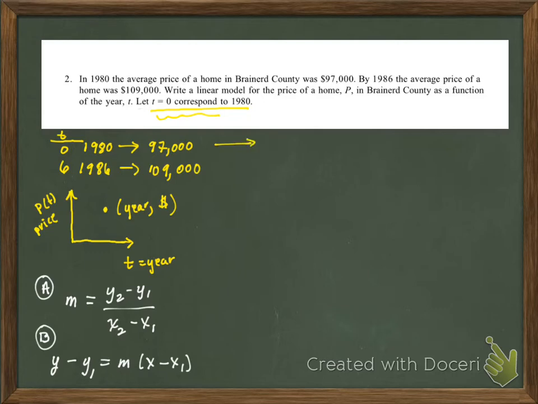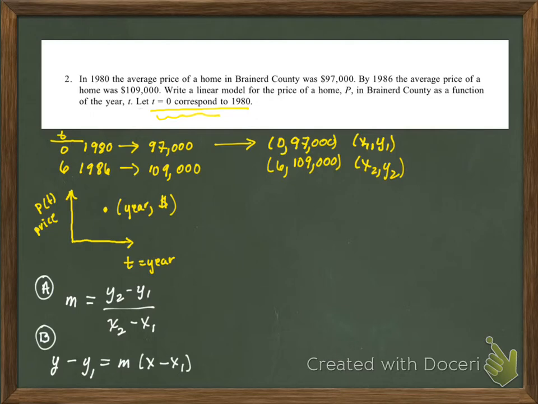So from here, we have 2 points, (0, 97,000) and (6, 109,000). We'll even say this one is x1, y1, and this one is x2, y2. So I have 2 points, which is all I need to find the equation of the line.